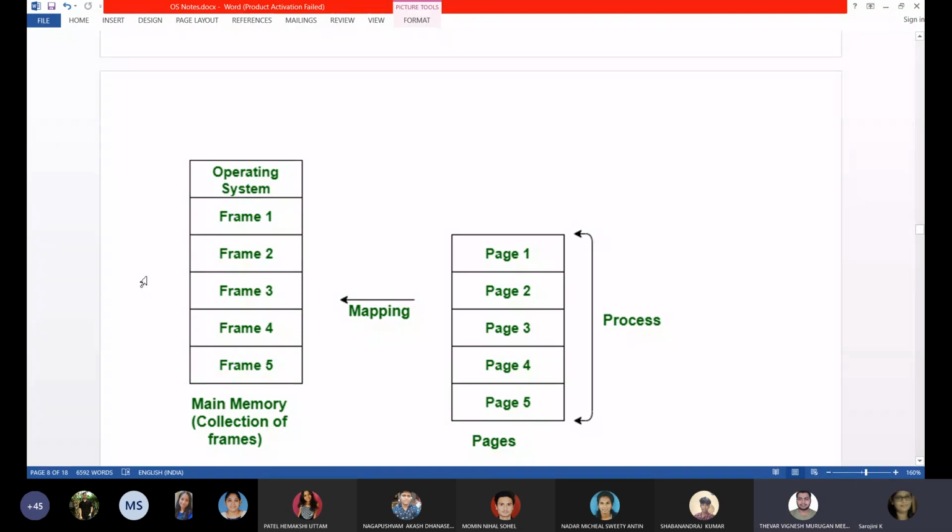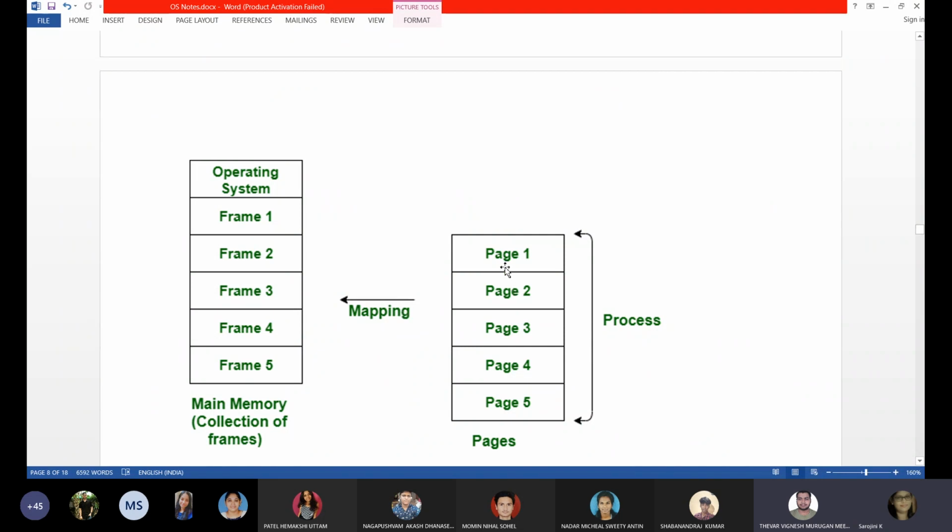Now, why is this needed? When we take any page from the secondary memory to store it in the main memory, where do we have to store this page? In which location? There are many locations. This is non-contiguous allocation, so it will not be like the first segment stored here and the second segment stored next to it.